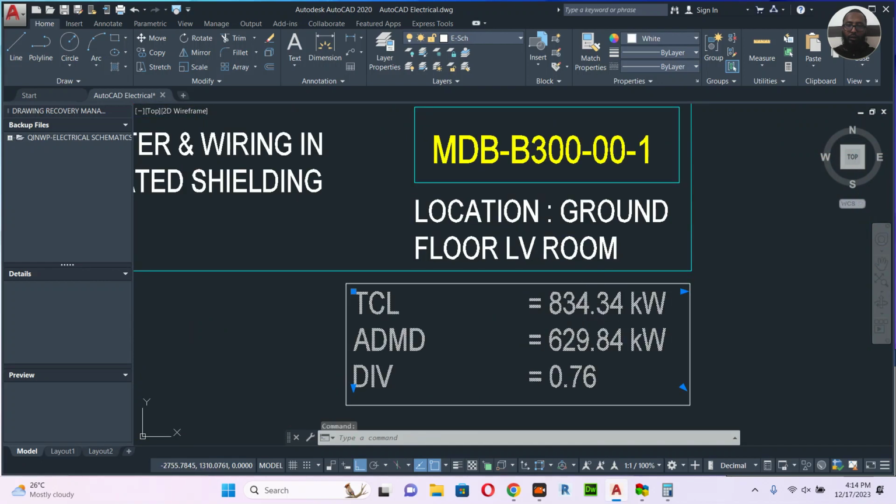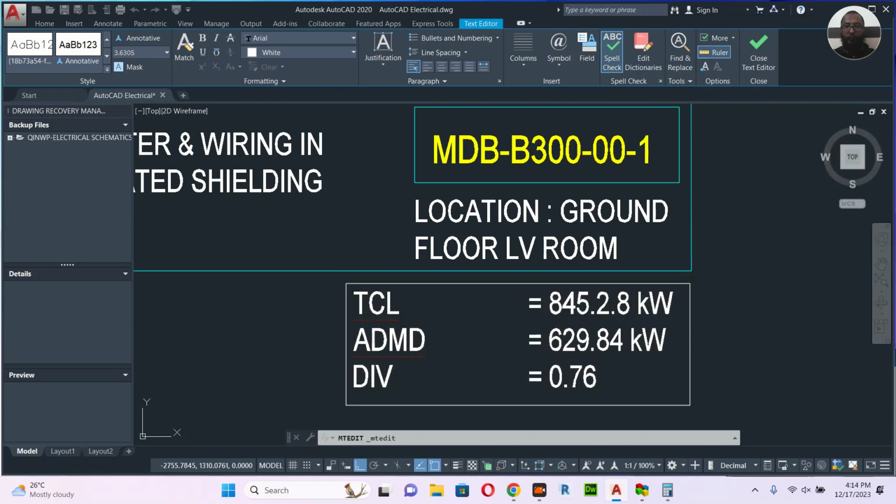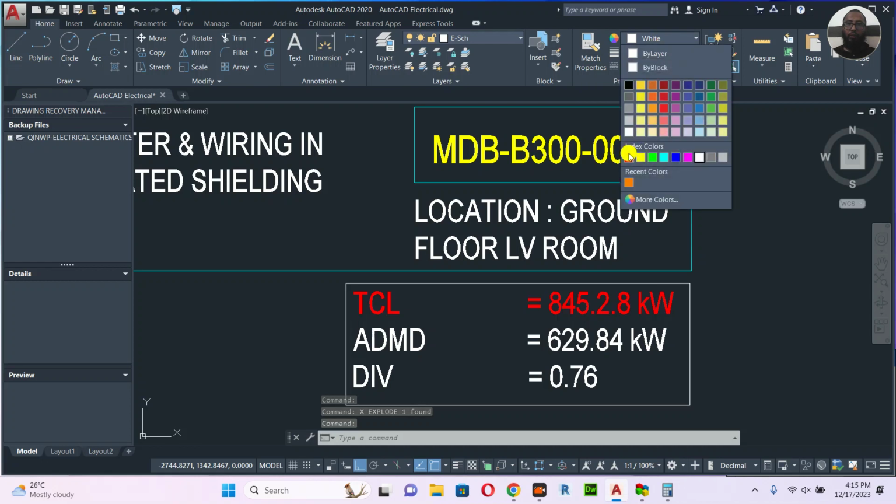So let's type here total connected load 845.28. Let's break this one. This one I will change color, so I will know I have changed this one already.